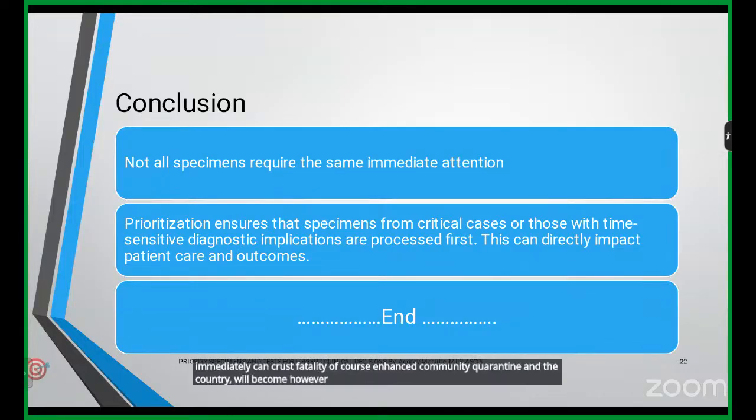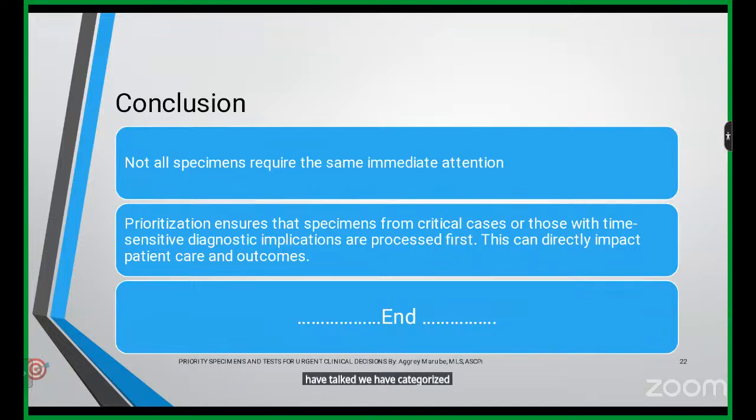However, the patient has to be handled on a priority basis. This is where we categorized the priority basis: first is critical, that's panic values, and the second is level 2. Level 2 is high priority specimens or tests.